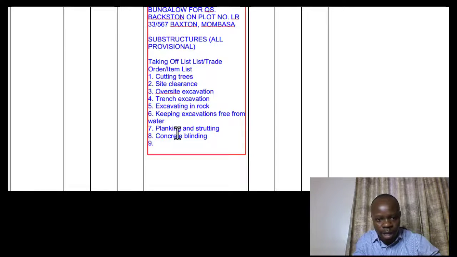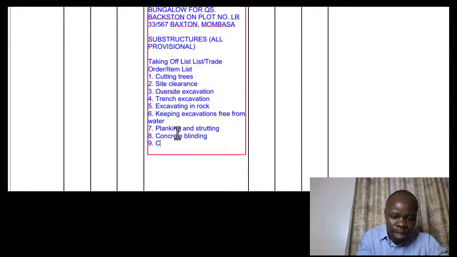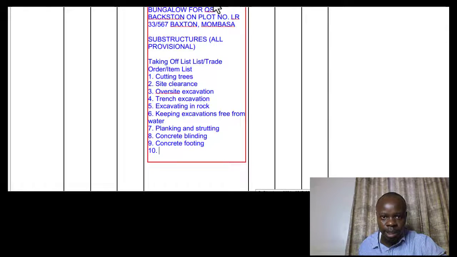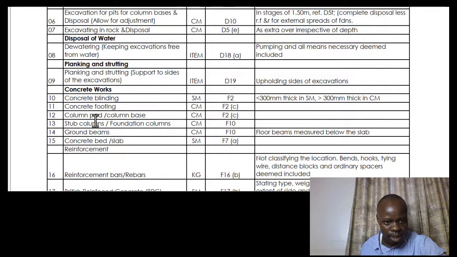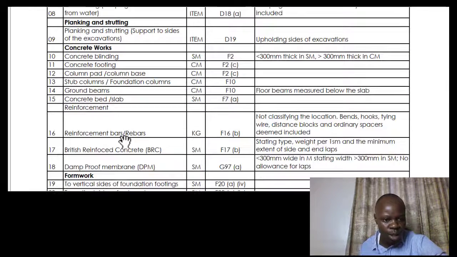Then at item number 9 is concrete footing. At number 10, after we've done footing, we'll leave alone the column pads and the bases, and leave alone the stub columns. We'll also do ground beams, no. Concrete bed, so we'll do the concrete bed.